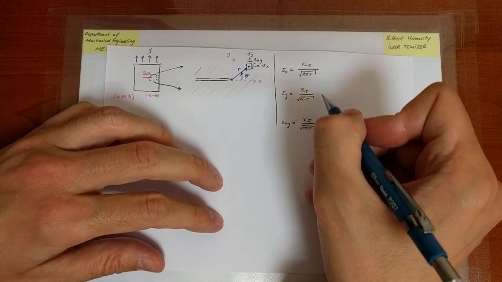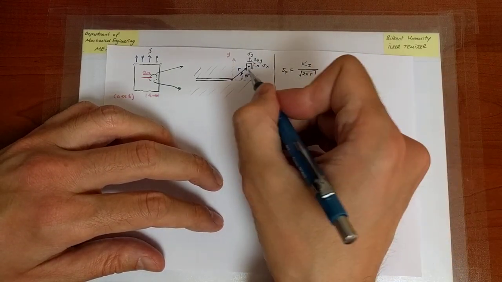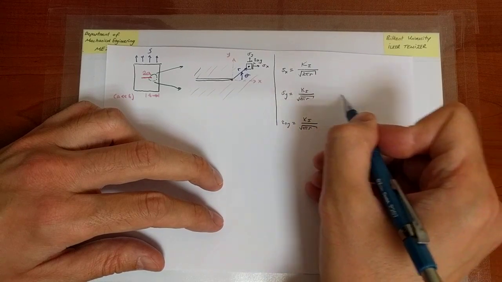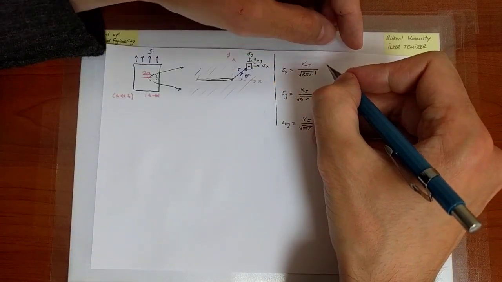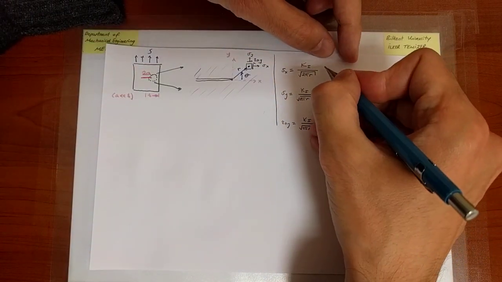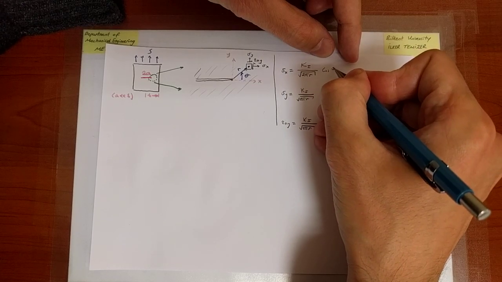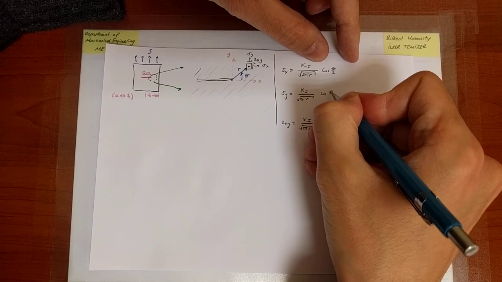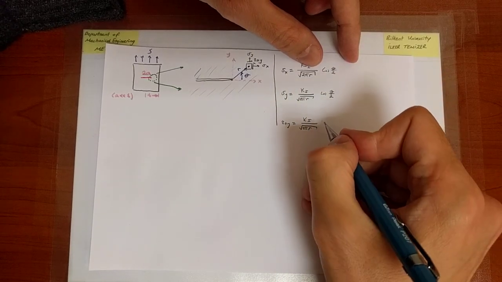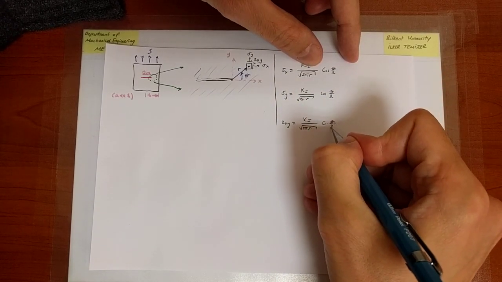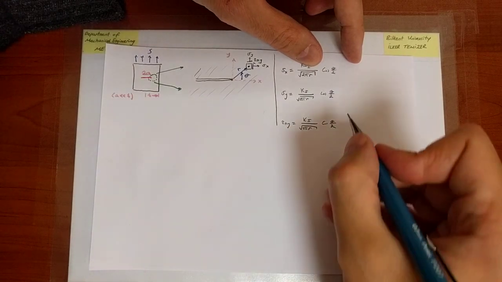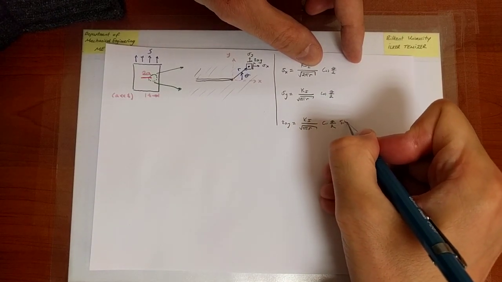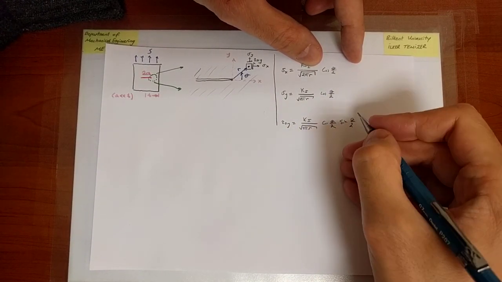Now the orientation will also make a difference, so there will be some dependence on theta as well, and that dependence comes as follows. For sigma x, there is a cosine theta over 2. In fact, for all of them, but then the rest is different for different stress components.